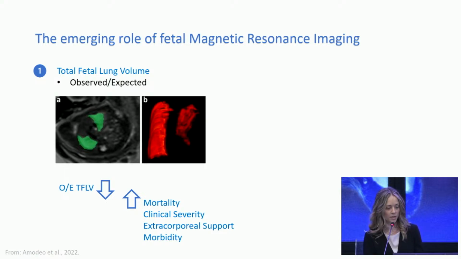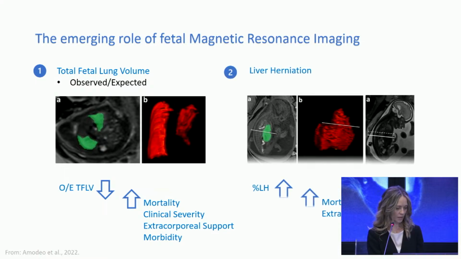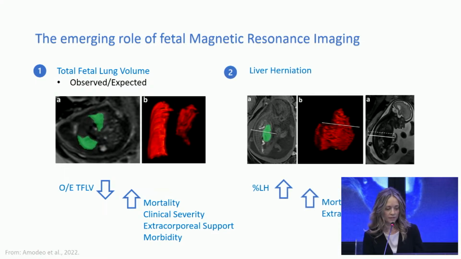And in patients with CDH, a reduced total fetal lung volume is associated with increased mortality, clinical severity, the need for extracorporeal support, and morbidity. But we can also quantify liver herniation by calculating the percentage of liver herniation, which is known to be an independent risk factor for mortality and extracorporeal support as well.